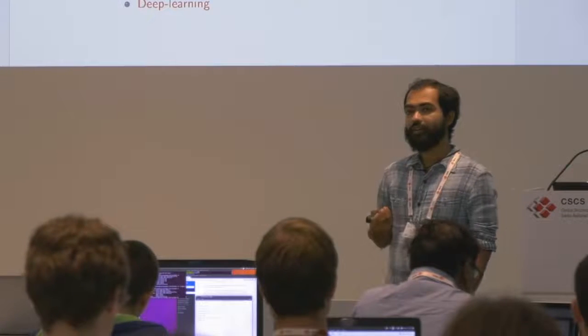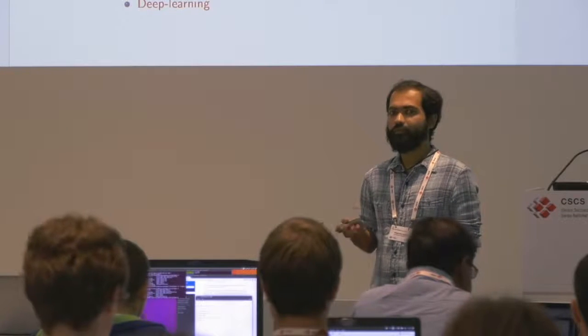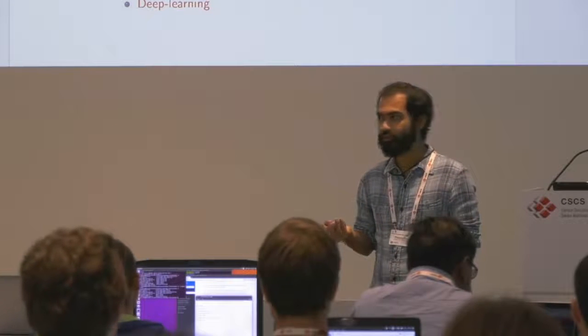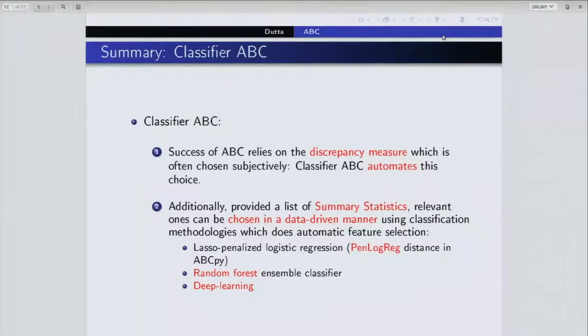But notice, if any of you are familiar with classification rules, let's say penalized logistic regression, or random forest, or deep learning, all of these rules are more successful because they can choose the features or summaries in the most efficient way. So if you give them 100 summary statistics, they just choose the best ones, which do the best classification.